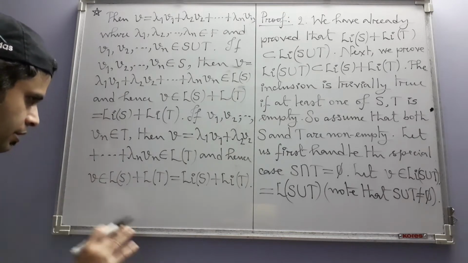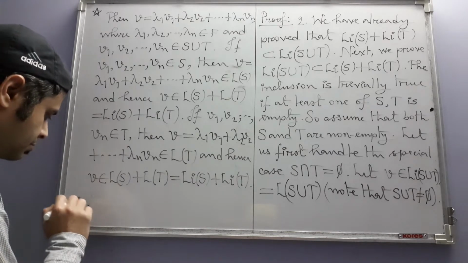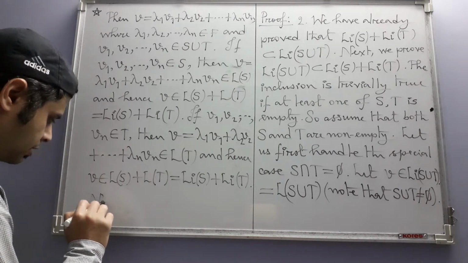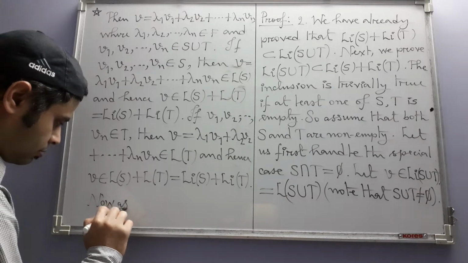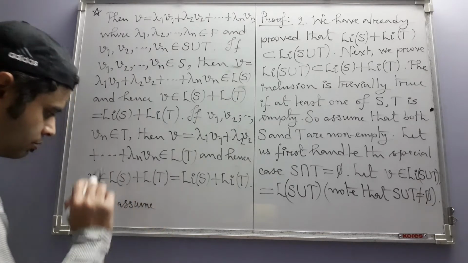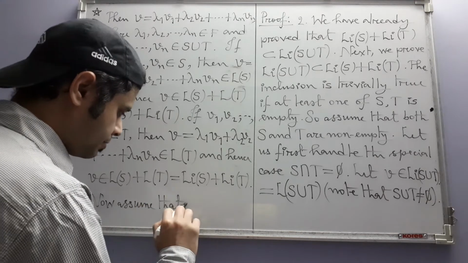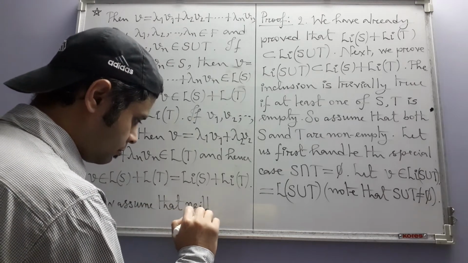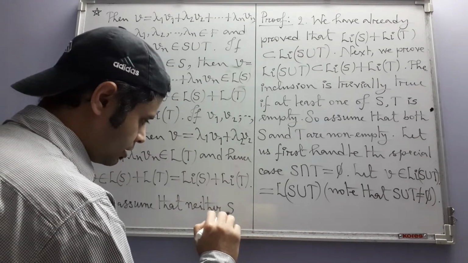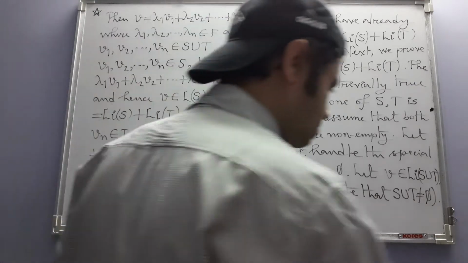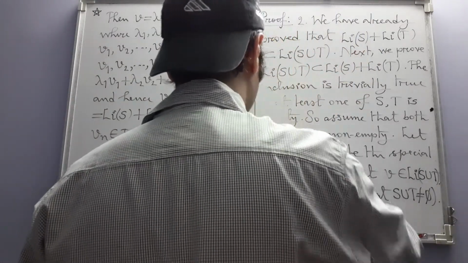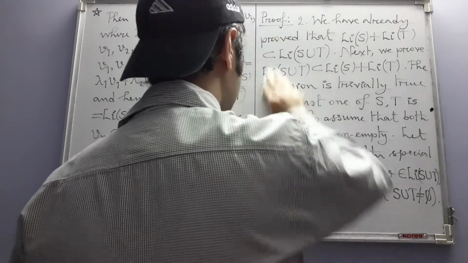Okay, let's write this case like this. Now assume that neither S nor T contains all the Vi's.